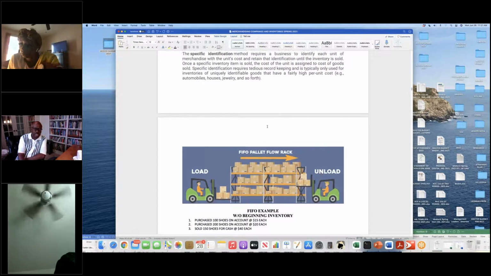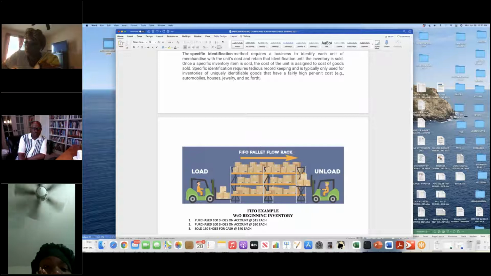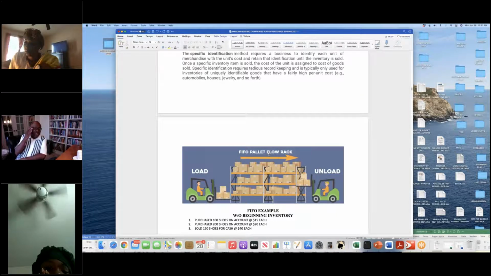Let's look at what we're saying with FIFO. Here, the items are being loaded and pushed forward. When they're sold, the person in the warehouse gets the oldest ones and takes those forward to be sold. This is an illustration of how LIFO is operating.